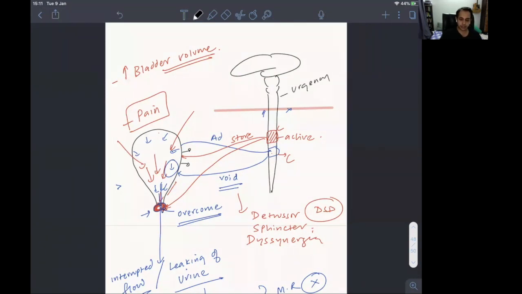Because your internal sphincter is constricted, you will have hesitancy because you can't void it. You have interrupted flow. You have incomplete evacuation. You can have pain. So these are all the features of a pontine or an infrapontine suprasacral lesion.